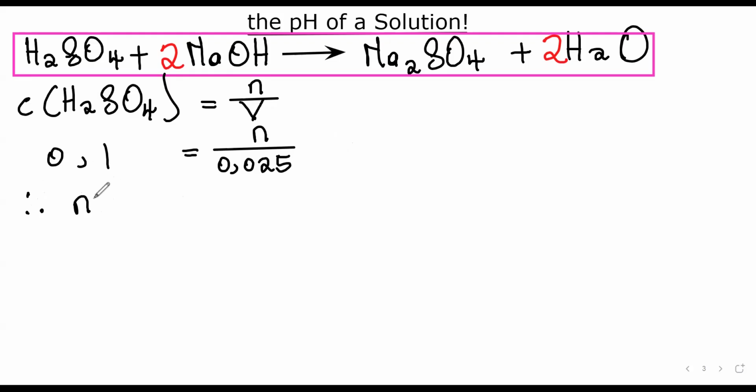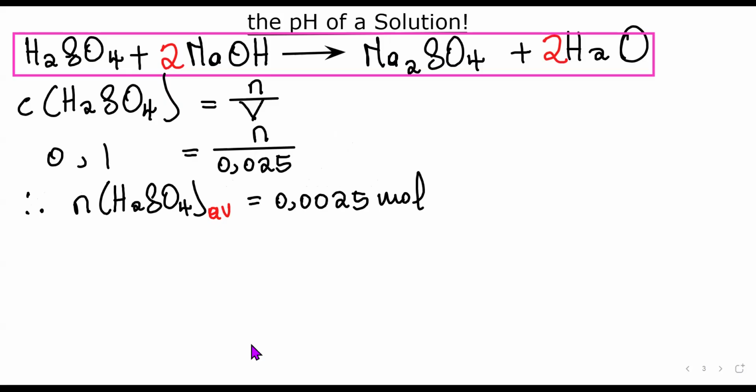And now it's time for us to cross multiply, and we get the number of moles that are available at the start of the reaction. So we find that these moles will simply be 0.0025 moles. All right.